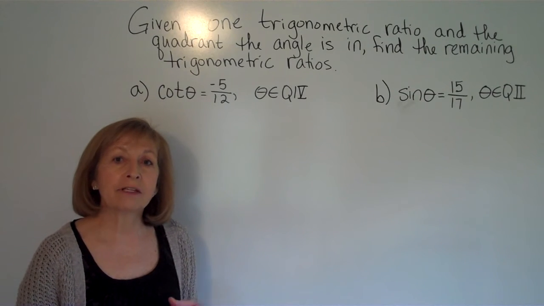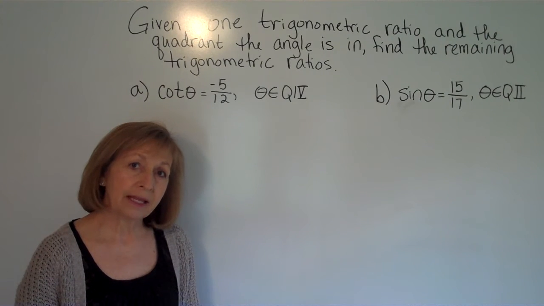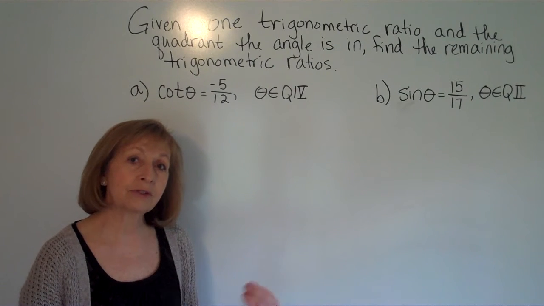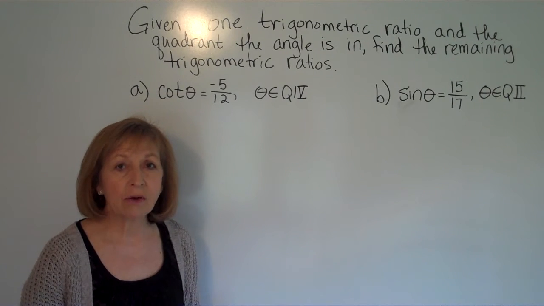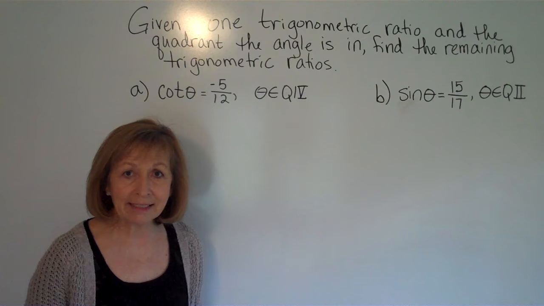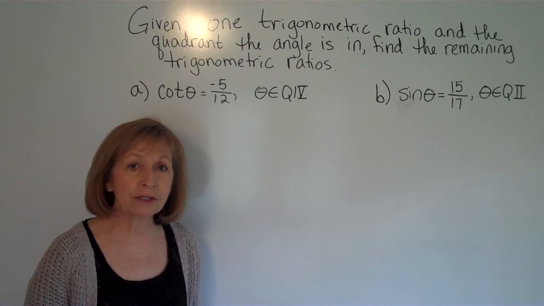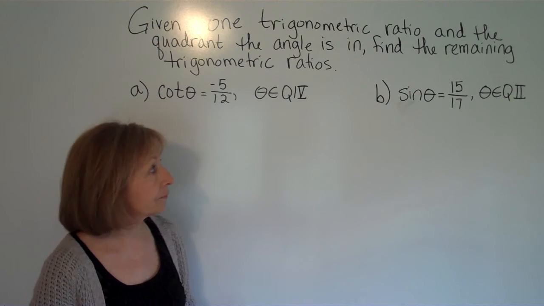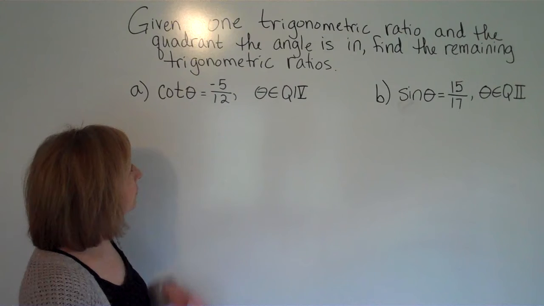Here, they give us the trig ratio, and they want us to find the trig ratios for the other 5 trig functions. So I don't need to go through and find the angle because there's so many connections between the trig ratios of an angle and also its placement on the xy plane.